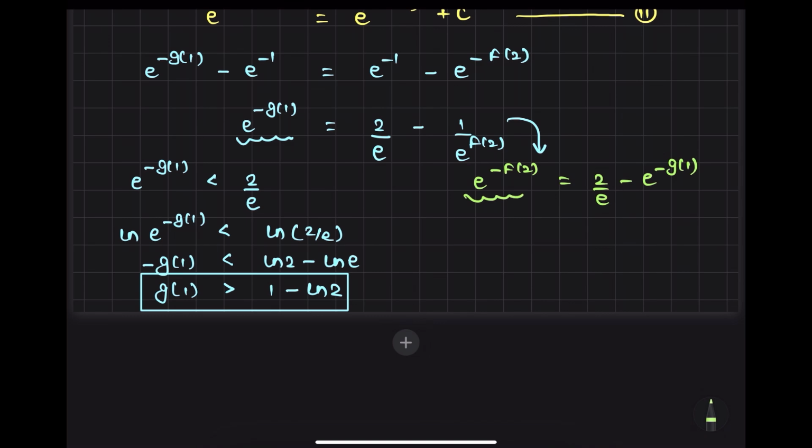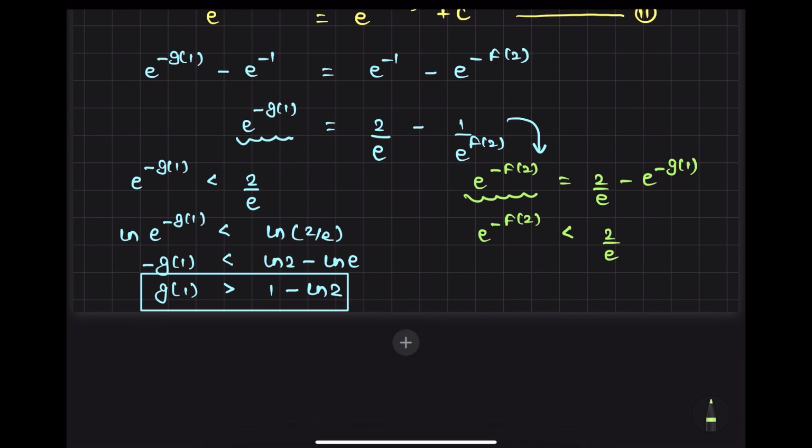You know that it is an exponential function, so it is positive. RHS has to be positive. So if RHS is positive, you know that this thing is always positive, and you are subtracting something. So 100% can I say that e power minus of f2 will be slightly smaller than 2 by e.